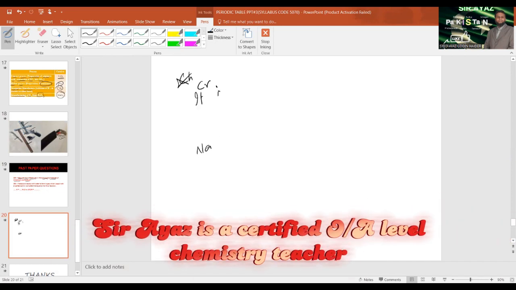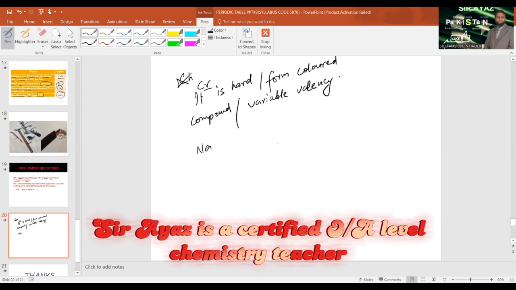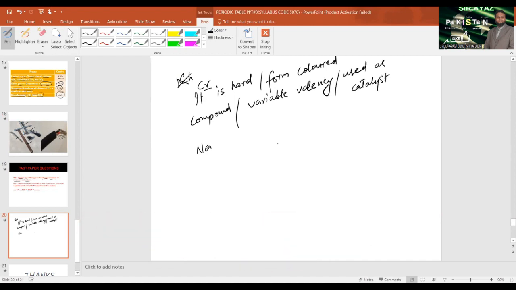It is hard, form colored compound. Variable valency. Used as catalyst. These are differences. So for hard, you can write here for sodium. It's soft.